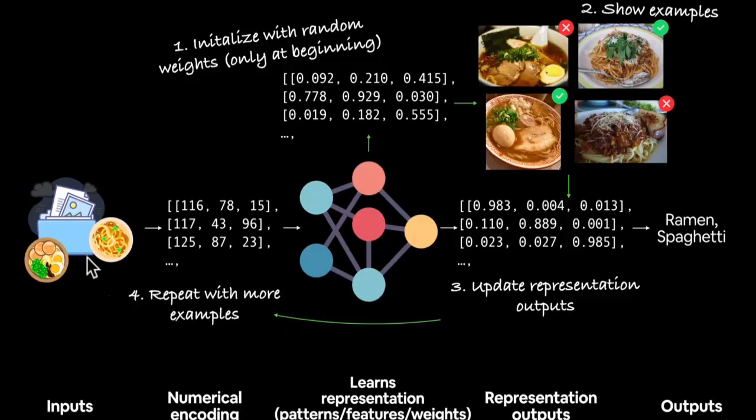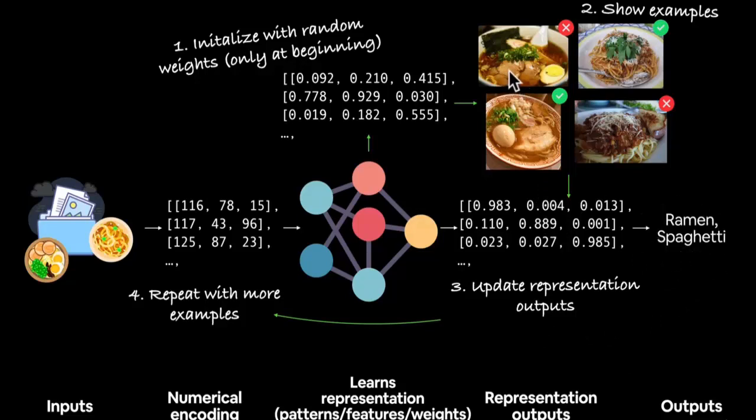So if we imagine the flow here, we've got images, we numerically encode them, our neural network initializes itself with random weights, in other words, a random tensor, and then as we start to show it more examples of what photos of ramen and spaghetti look like, it starts to tweak these random weights to be better adjusted to the patterns that are in our images so that our representation outputs line up better with our desired labeled outputs.